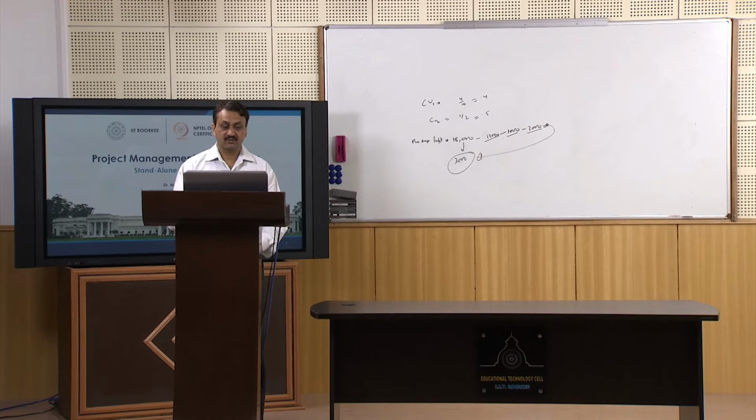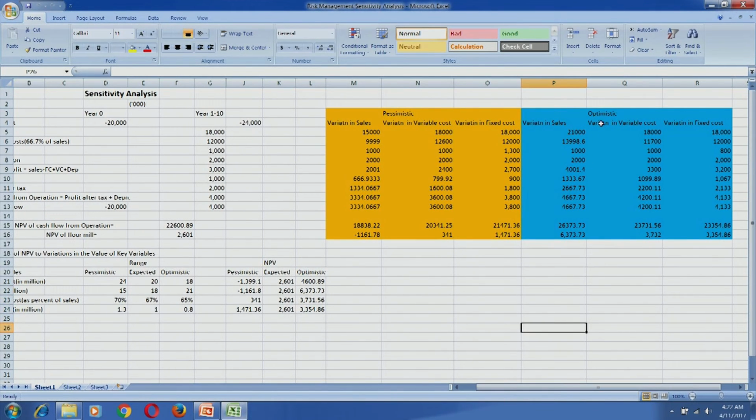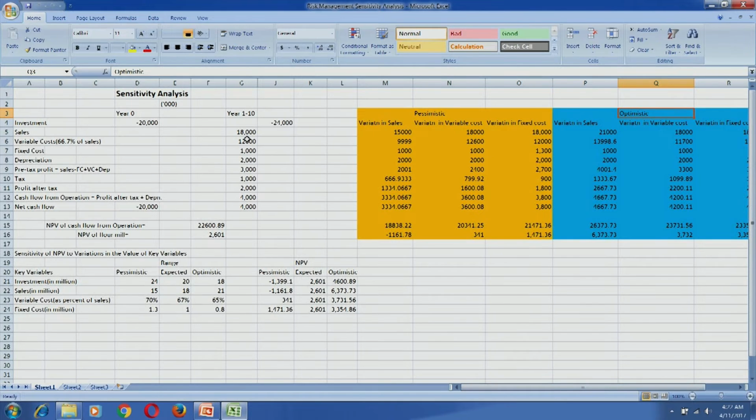Similarly, if scenario is optimistic, you can calculate NPVs, right. So let us look at just one case of optimistic scenario. In our original problem, sales is this much, right, 18,000, but now scenario is optimistic, so sales is now 21,000, but variable cost will remain same, right.